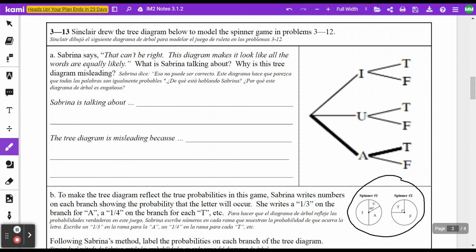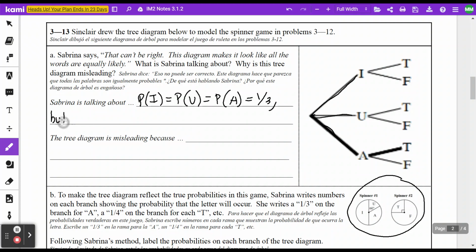Well, let's see. Do you see on this tree diagram how you just have an even split three ways, I, U, A? That kind of makes it look like the probability of I equals the probability of U equals the probability of A, which would each be 1/3.